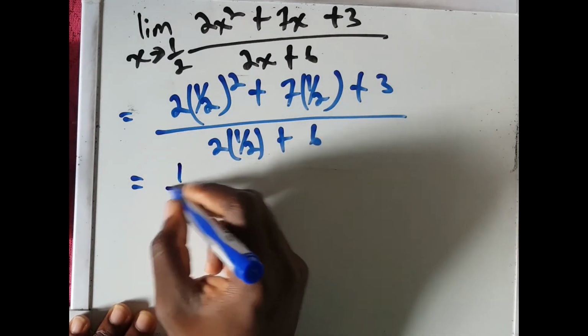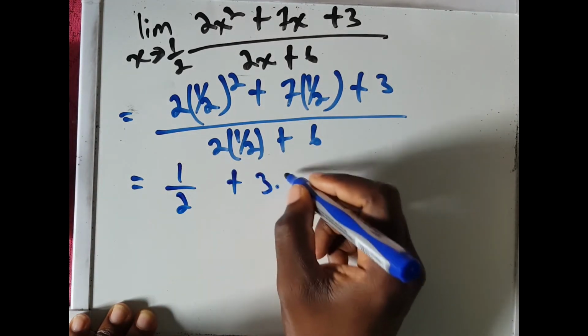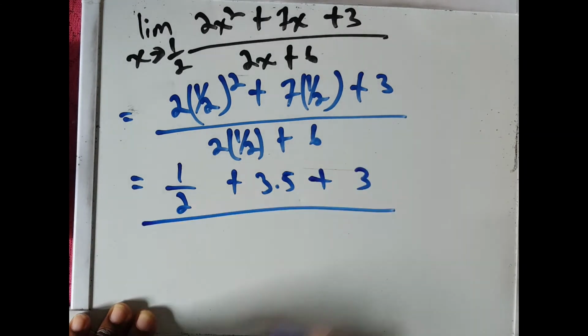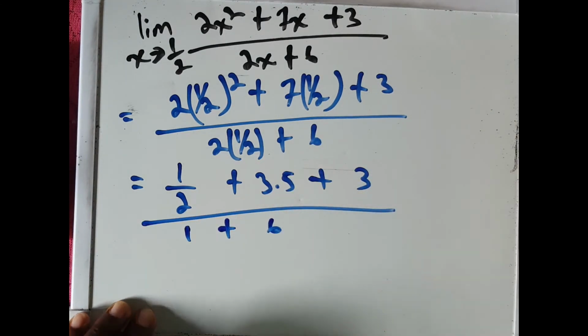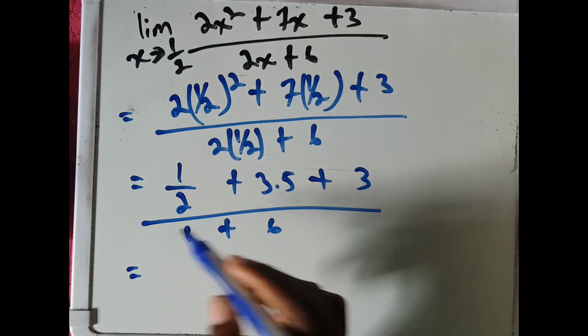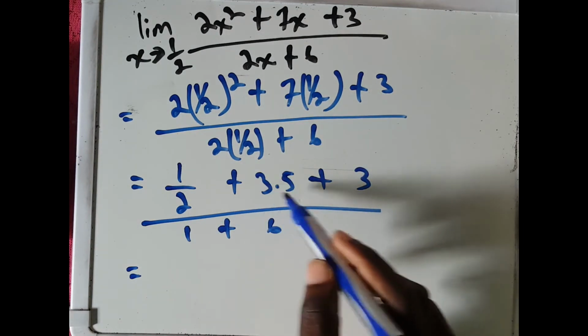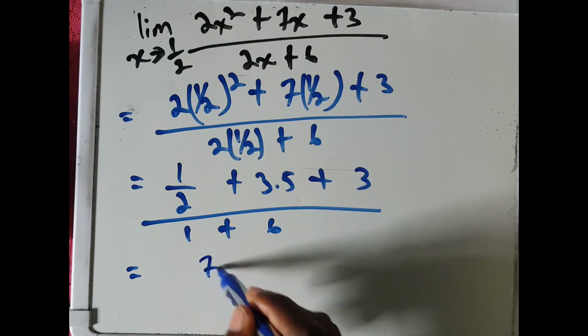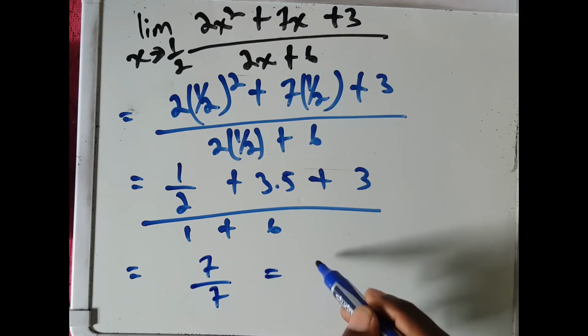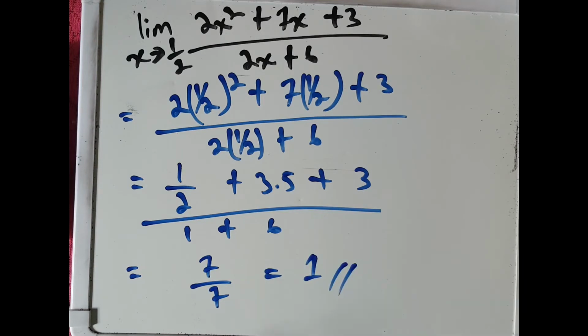So a half plus 3.5 plus 3 over 2 times a half, which is 1, plus 6. A half is the same as 0.5. 0.5 plus 3.5 is 4, plus 3 is 7, over 7, giving me 1. So the limit of this function as x approaches a half is 1.